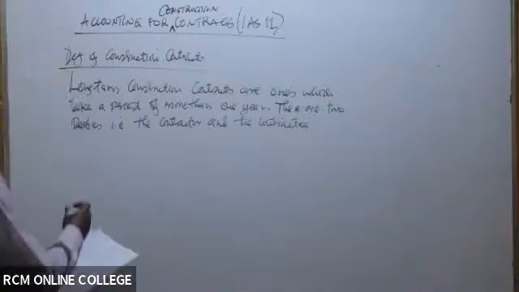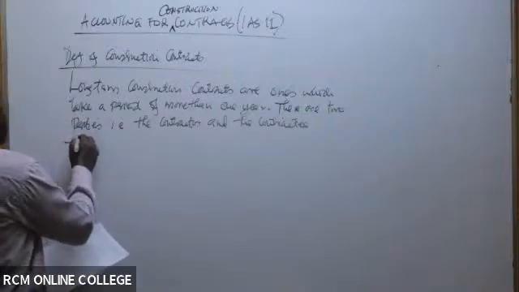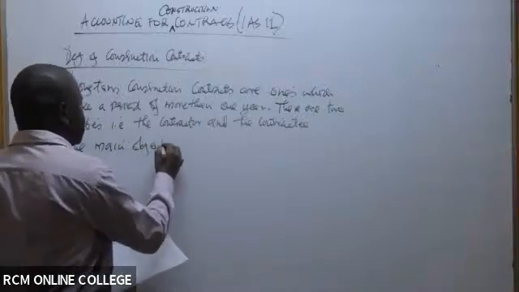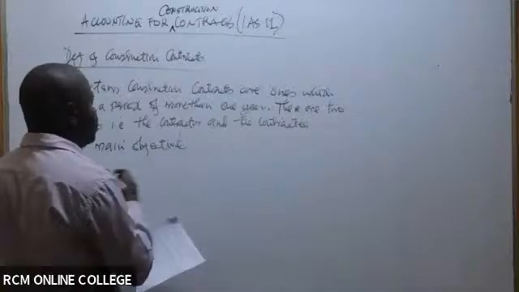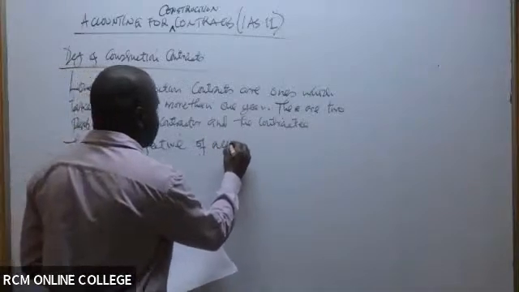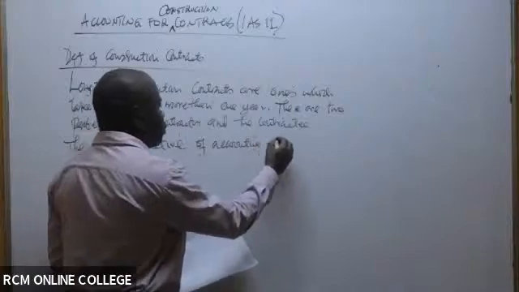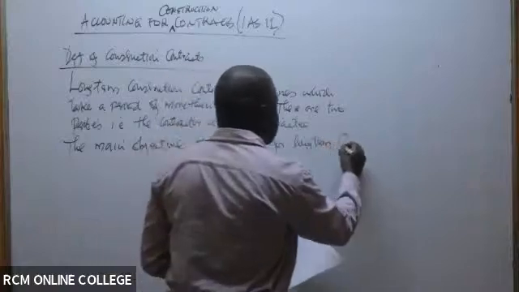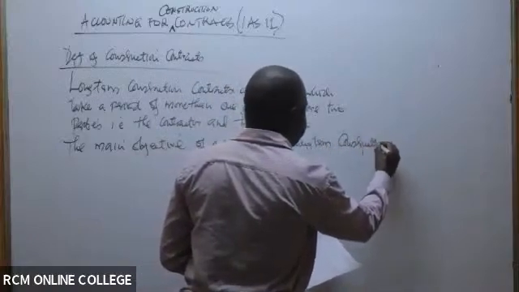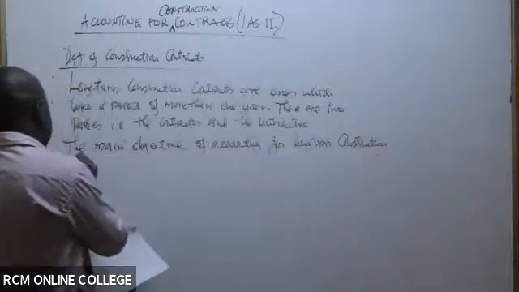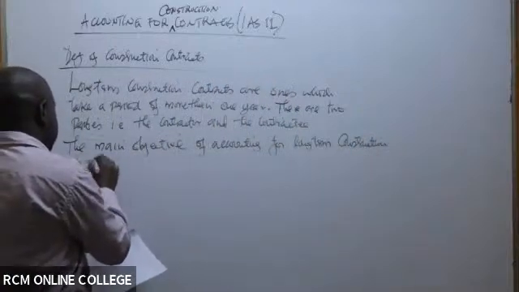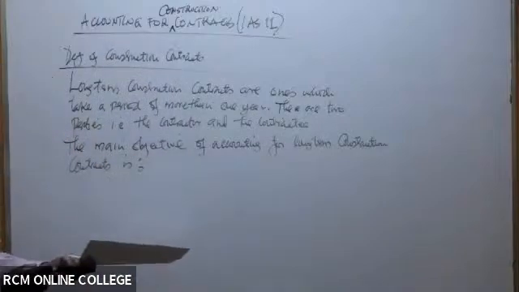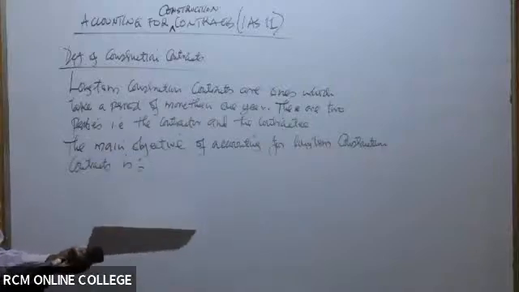So what is the main objective as to why we account for long-term construction contracts, that the contractor has been given and which take a period of more than 1 year to undertake?